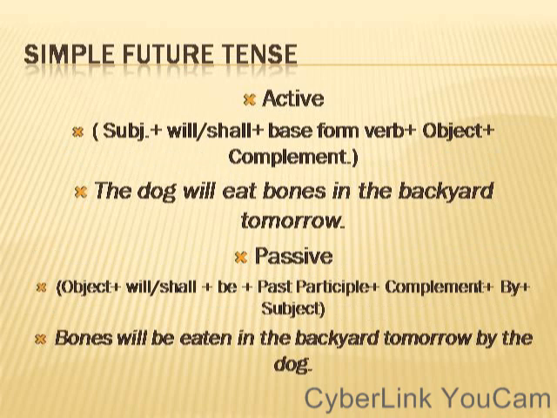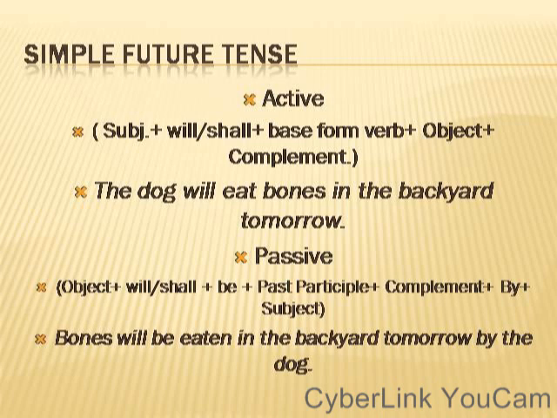Active. Here's the formula. Subject plus the will or shall plus base form of the verb plus object plus the complement. Here is the sentence. The dog will eat bones in the backyard tomorrow. So the dog is the subject plus the will plus the base form of the verb eat plus the object bones plus the complement.